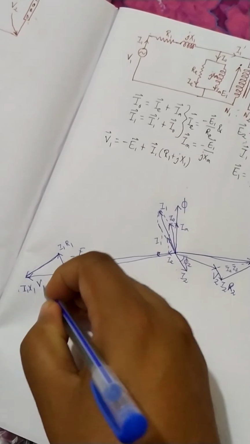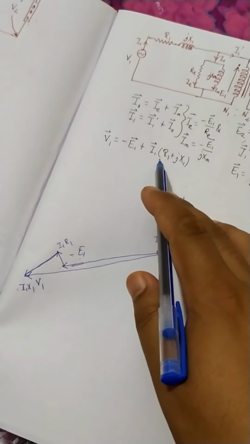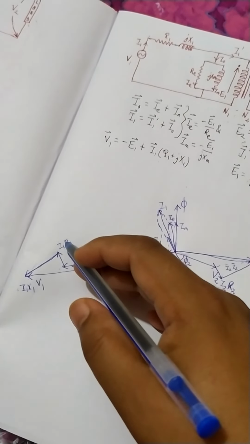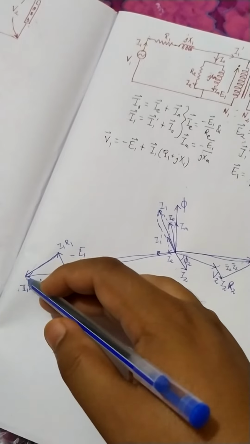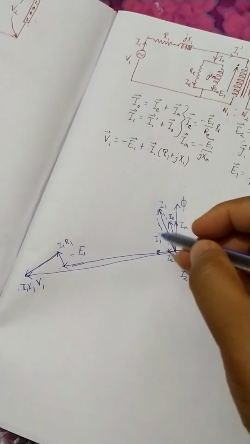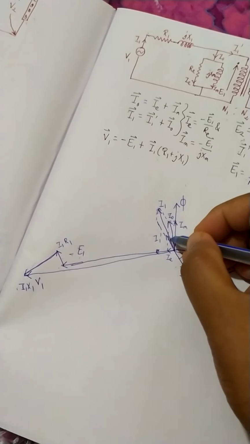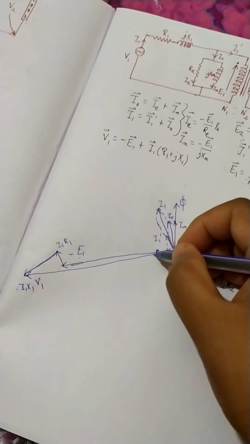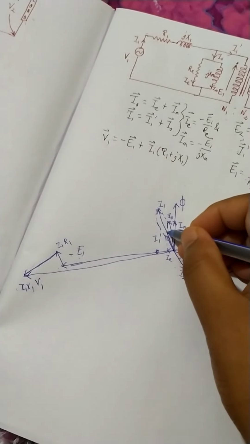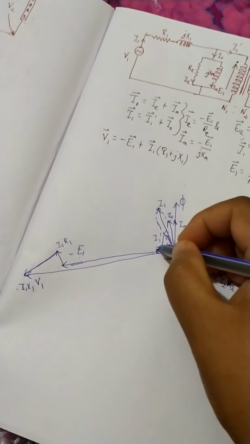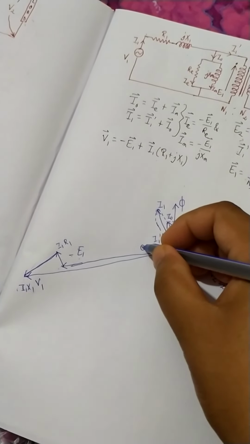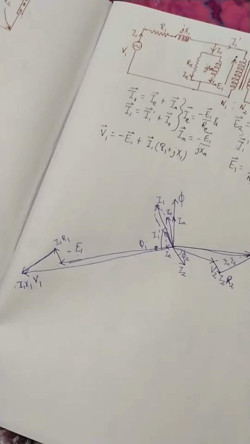So this should be V1, from this relationship, minus E1 plus I1 R1 plus j I1 into X1. And the angle between V1 and I1 is basically the input power factor angle phi 1.